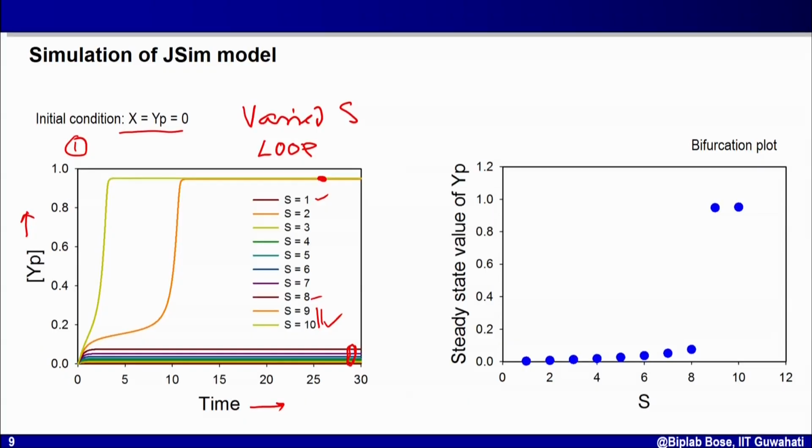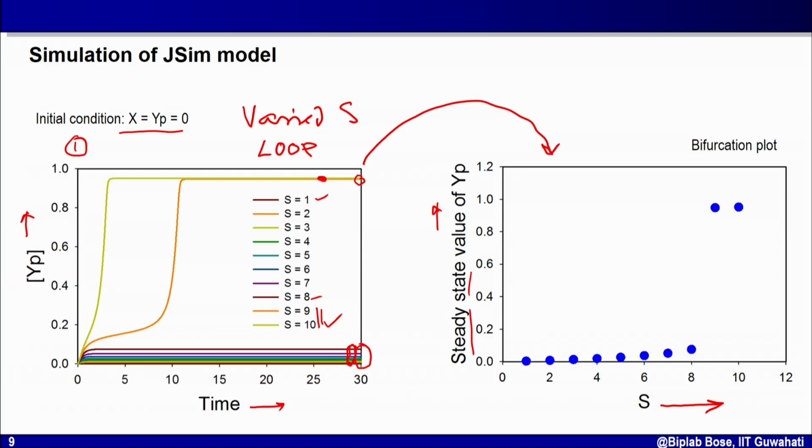I can use this data and plot a second plot where I put s on my horizontal axis and the steady state value of yp on the vertical axis. How do I get the steady state value? I take the value of yp at t equal to 30, or at the end of the simulation.